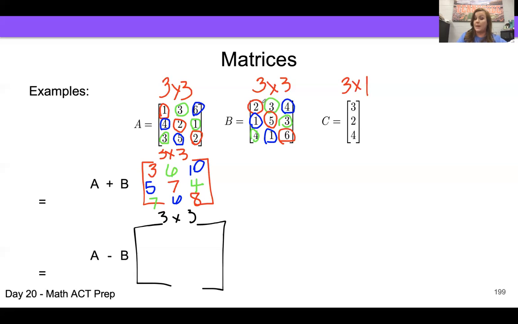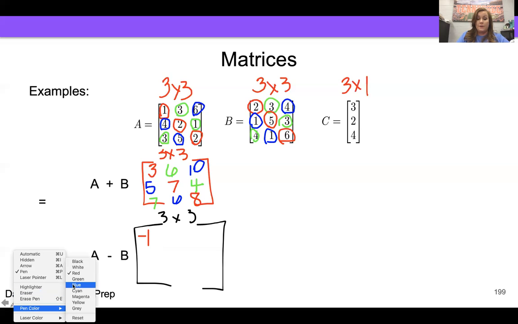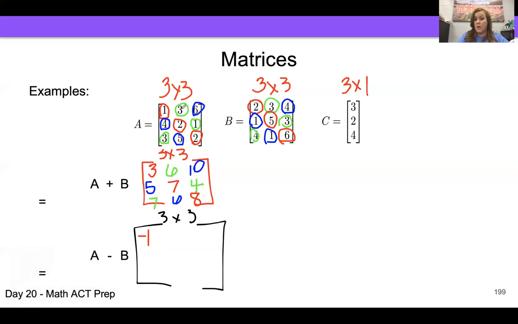So this is 1 minus 2, which gives us a negative 1. If it was B minus A, we would go 2 minus 1. But it's 1 minus 2 is negative 1. So then we switch over here to row 1, column 2. 3 minus 3 gives me a 0.